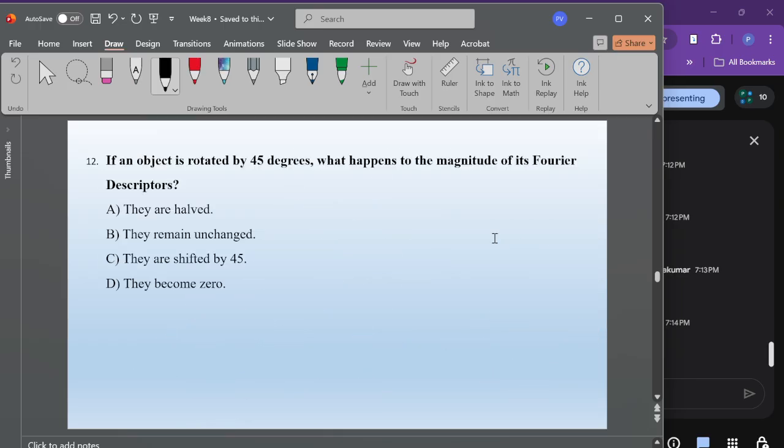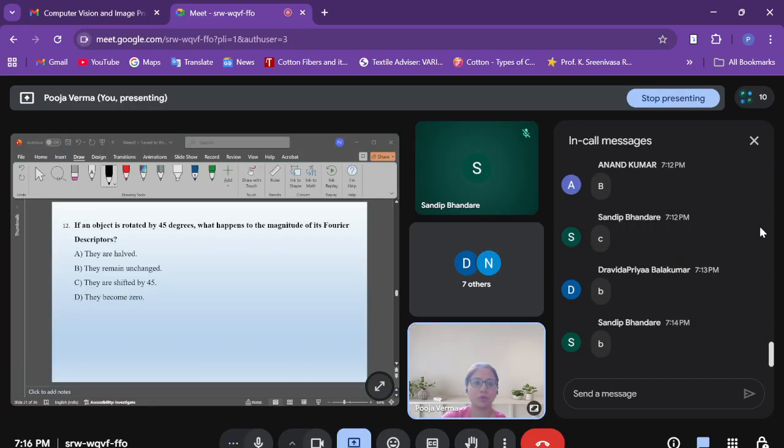Our next question is, if an object is rotated by 45 degrees, what happens to the magnitude of its Fourier descriptors? Option A, they are halved. B, they remain unchanged. Option C, they are shifted by 45 degrees. Or option D, they become zero. Which option can be the correct one?